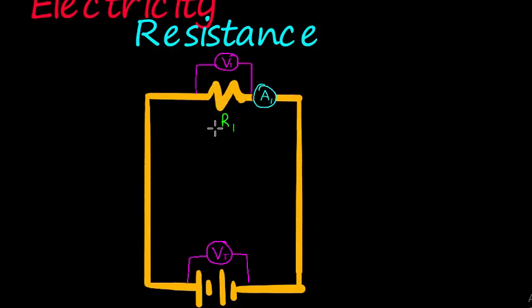So in this case, since there's only one resistor, my total resistance is equal to that one resistor. My total current, since the current is not split, would be equal to the total current. Let's start with the voltage.